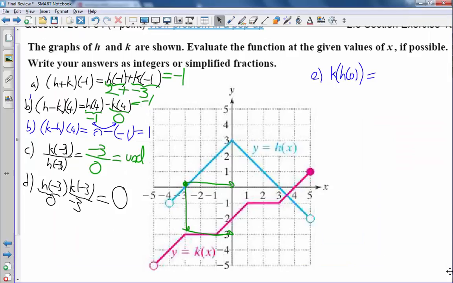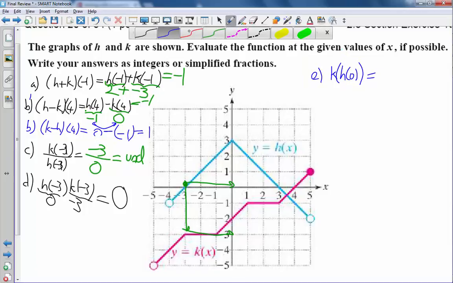K circle H of 0 means 0 is first going to H and then computed under H, gets a new value, and you're going to compute it under K. Let me say it again. 0 shall be computed in H first and will become a brand new number. That brand new number shall become another number under K. You need to compute it, okay?